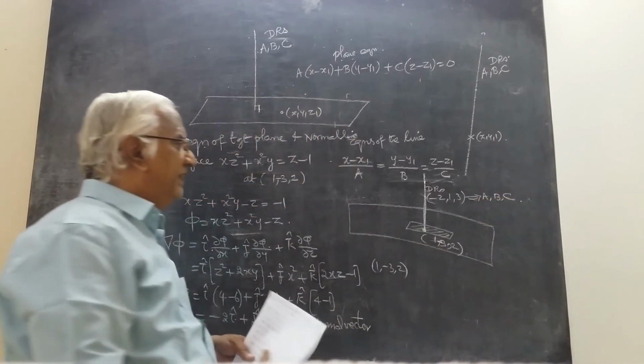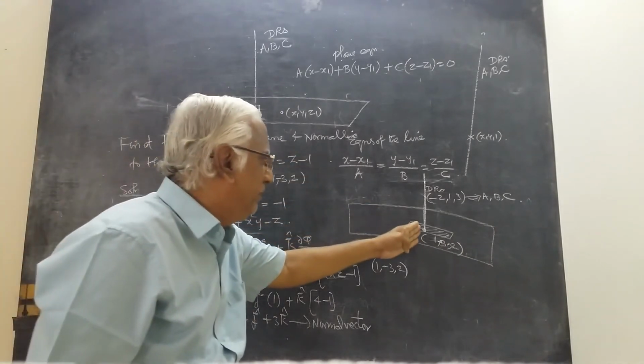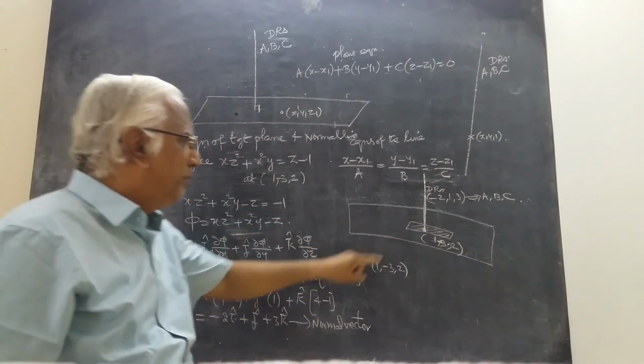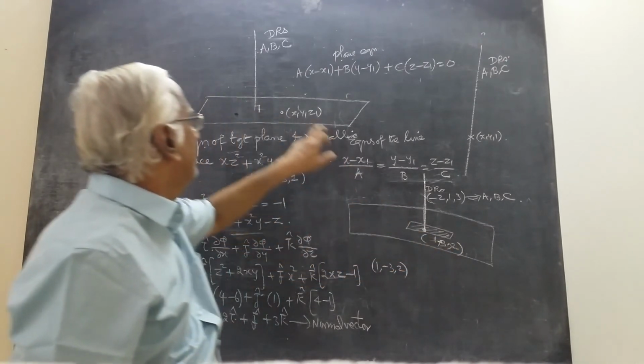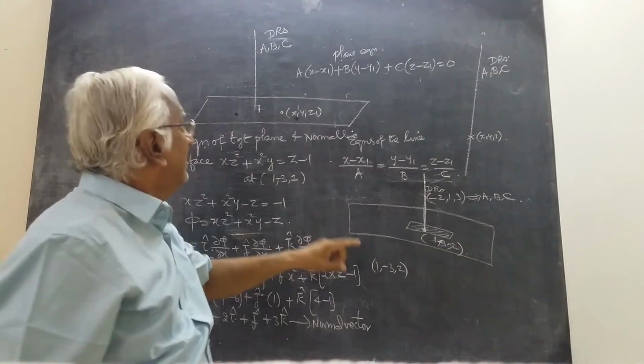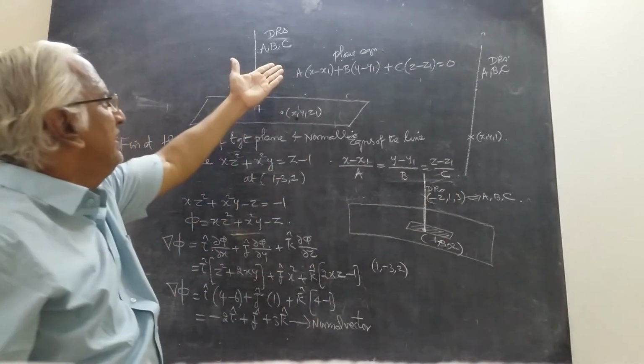Now we want the plane equation, the tangent plane. The plane passes through which point? 1, minus 3, 2. What are the DRs of the normal? Minus 2, 1, 3. So you apply this formula.